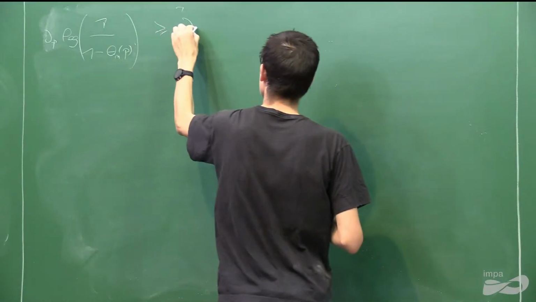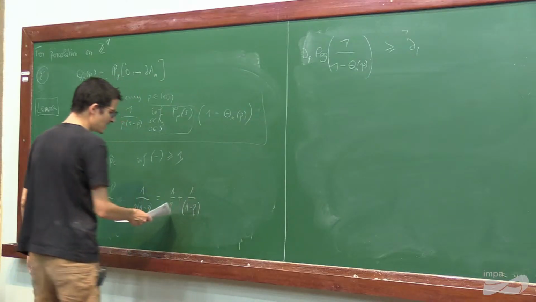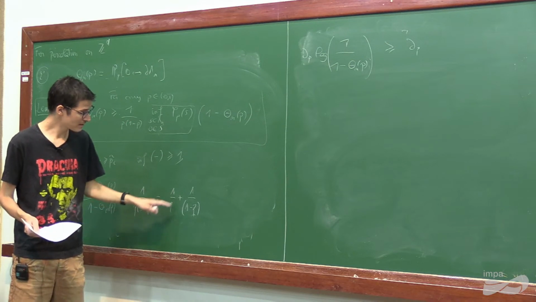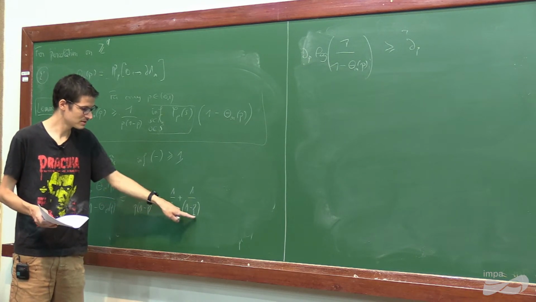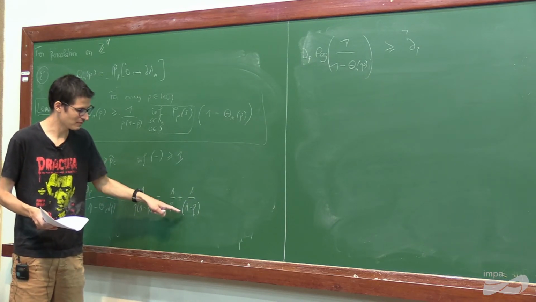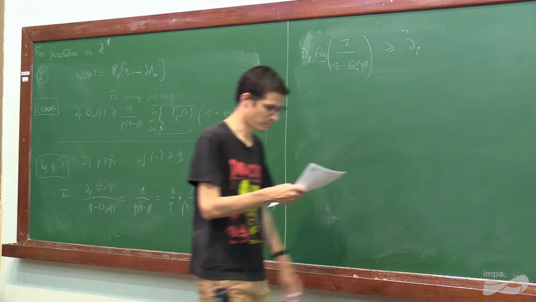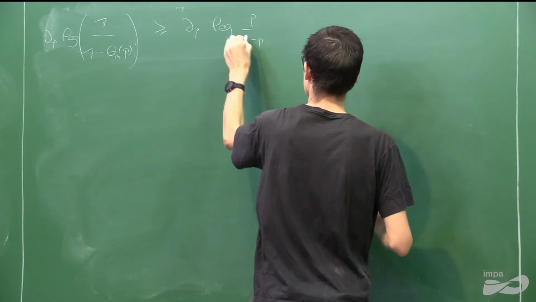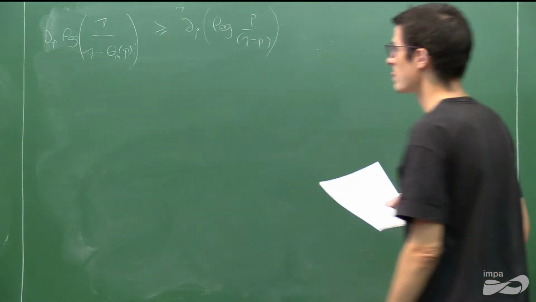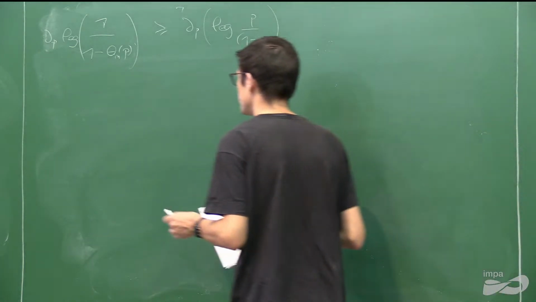And the other thing is the derivative of log p minus log 1 minus p. You have a minus because this is not the derivative of log of 1 minus p, since this minus appears when you do the composition. So this is exactly the derivative of this function.